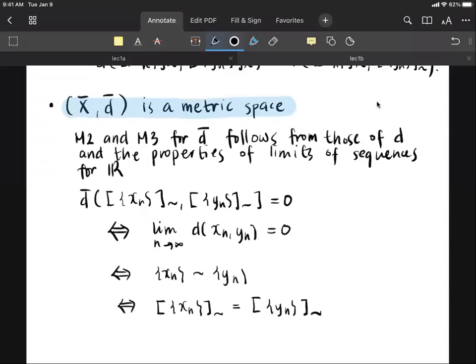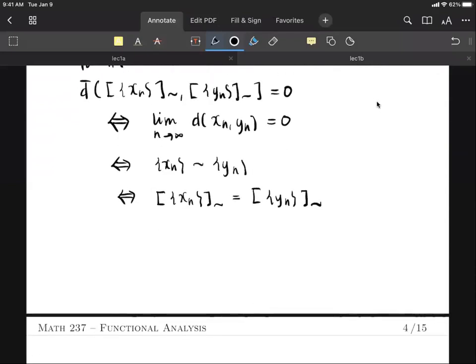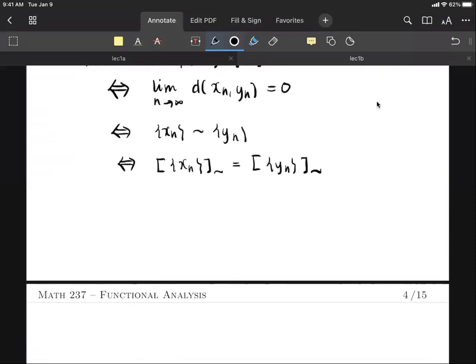Now that we have constructed the metric space, the next step is to construct the mapping from X to X bar. And that would be the next step. So that is now the third step.